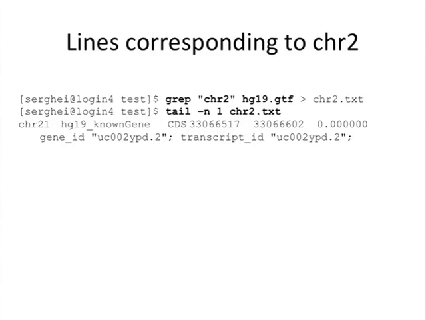The format is that the first column is the chromosome name. What we want to do is extract the entries, the lines, which correspond to chromosome 2. We know how to do it, right? We do grep chromosome 2 and that file name, and then we save it to a separate file, which we call chromosome2.txt. Okay.